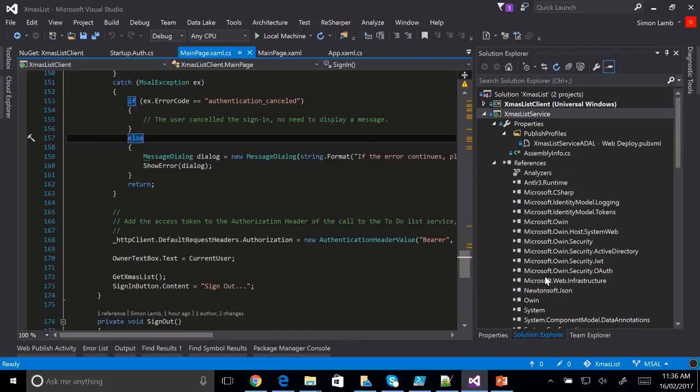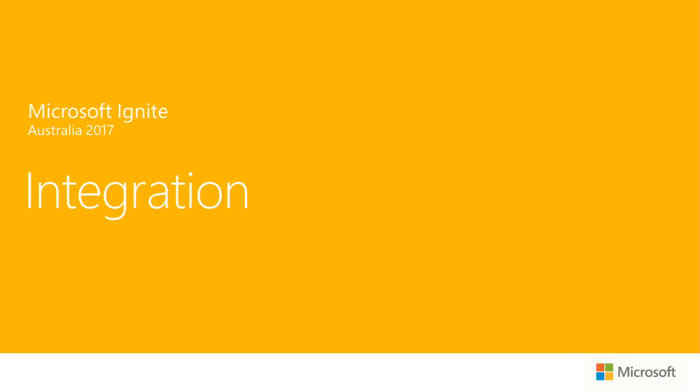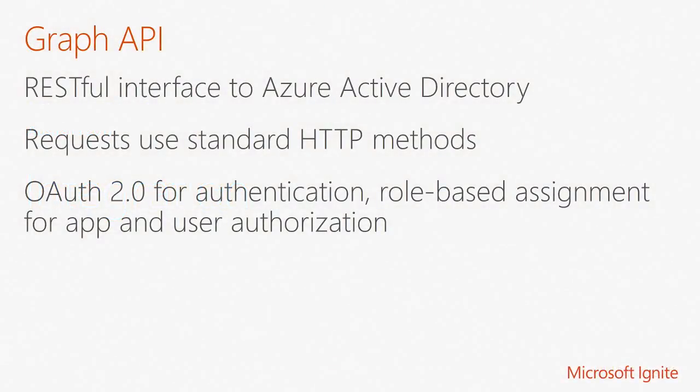Alrighty, back to the slides if that's all right. Integration. So this is where we're talking about the Graph API. So the Graph API, it's not just an Azure AD thing.